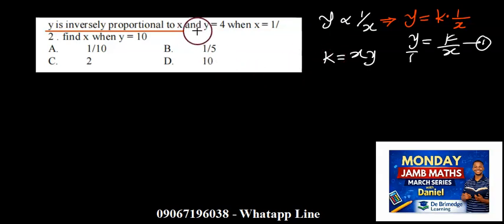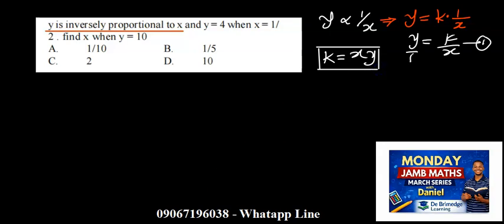Now let's plug in the values to find what is given. We have to find k first of all. To find k, we're going to use this equation 2 to find the value of the constant. Take note of that.